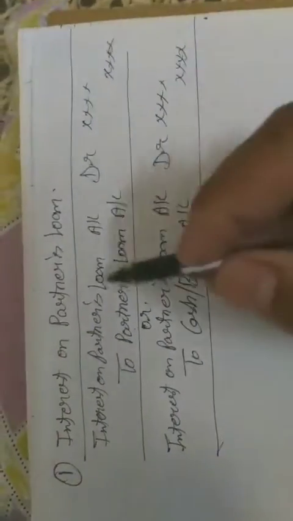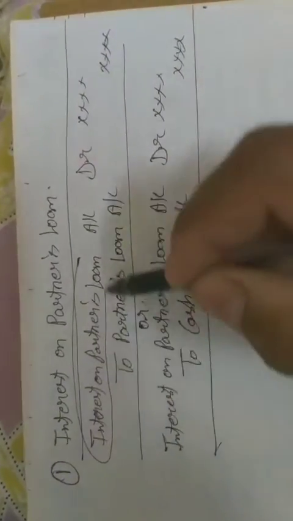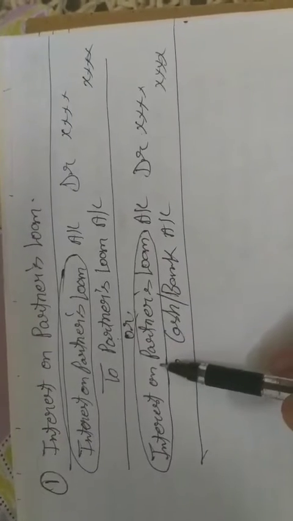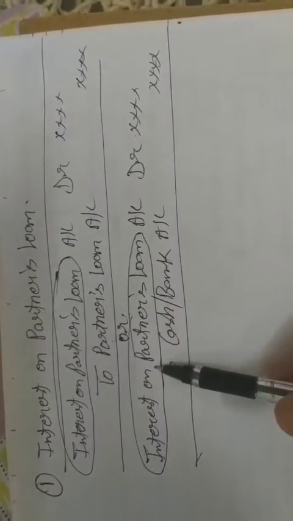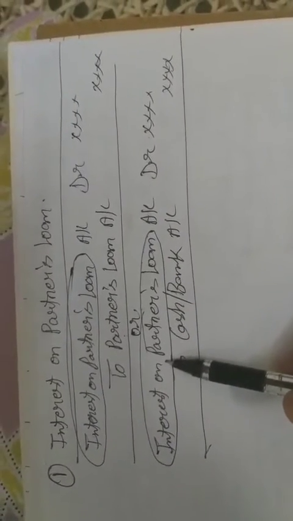Here you can see in both the journal entries, interest on partner's loan account is debited. So this interest on partner's loan is transferred to profit and loss account.